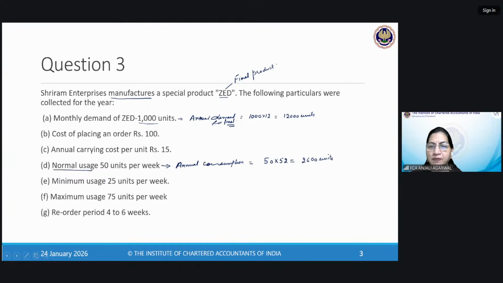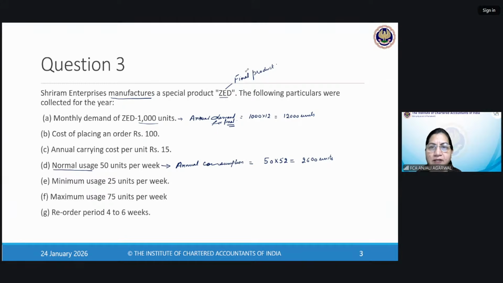Okay. So maybe one unit or 1 kg of raw material can manufacture 2, 3 units or 5 units, and so on. So 50 into 52 is the consumption of the raw material. Arpita has asked a question: we already have the minimum level and maximum level, so what is this again?